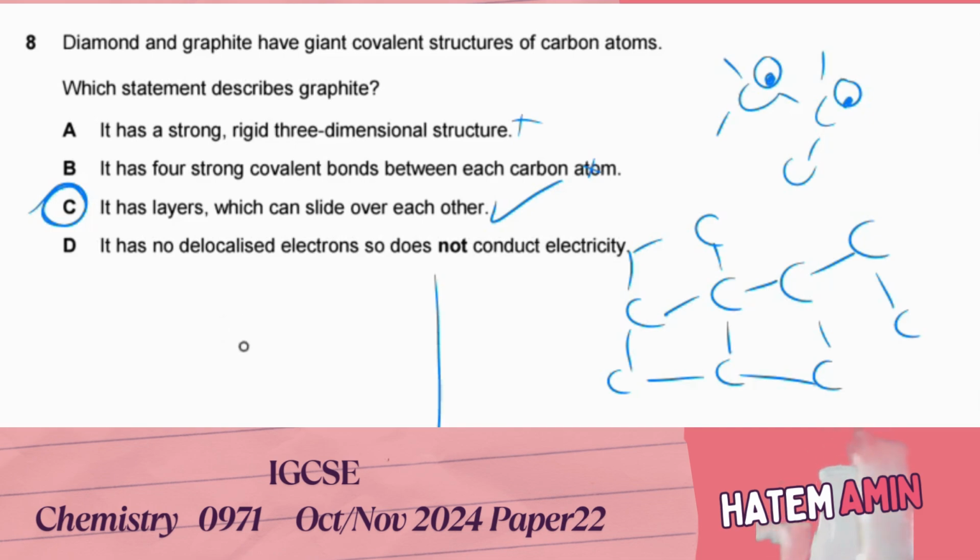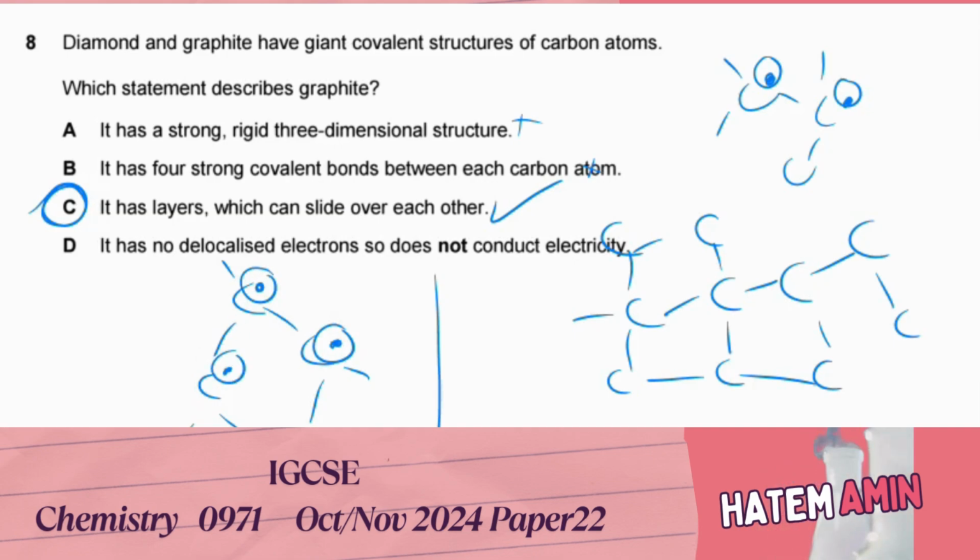But in graphite, each carbon has just three bonds like that, and each carbon has one delocalized electron. This delocalized, free mobile electron is the main reason for the good conductivity of graphite compared with diamond. So graphite is a good conductor and can conduct electricity more than diamond.